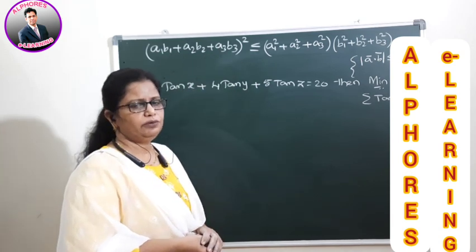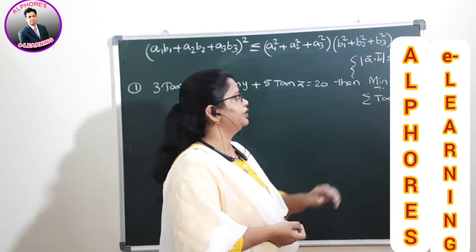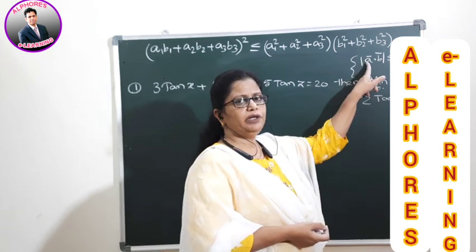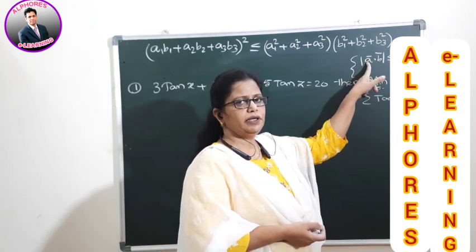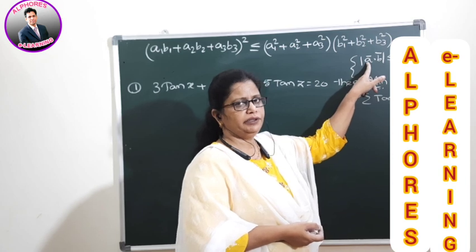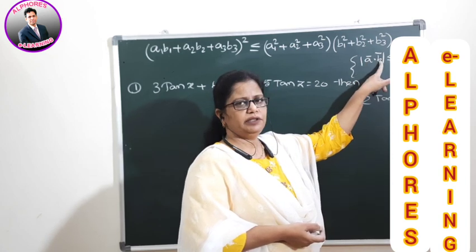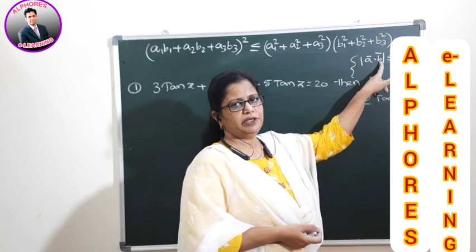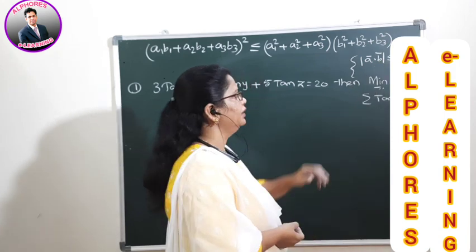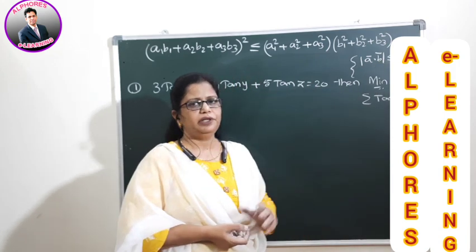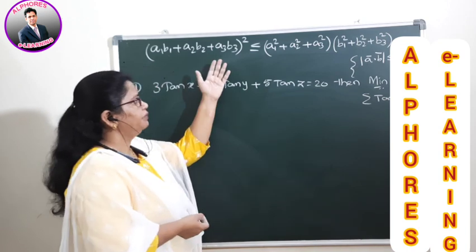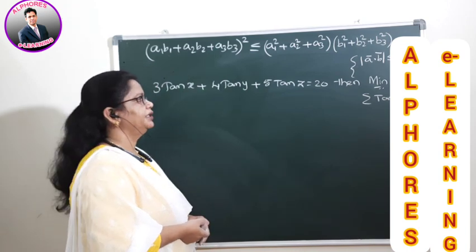Two different sets of quantities we are having, students, because you know a bar as a component vector: a1 i cap plus a2 j cap plus a3 k cap, and b bar is nothing but b1 i cap plus b2 j cap plus b3 k cap. So if you take two different kinds of quantities, then simply you can make use of this condition.